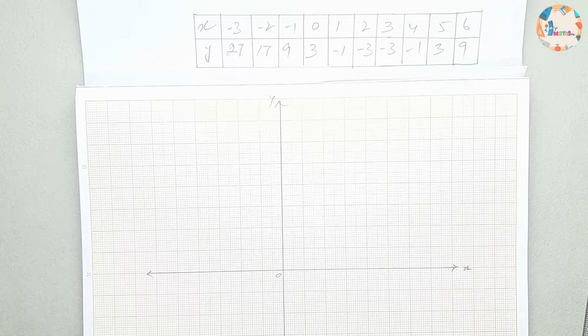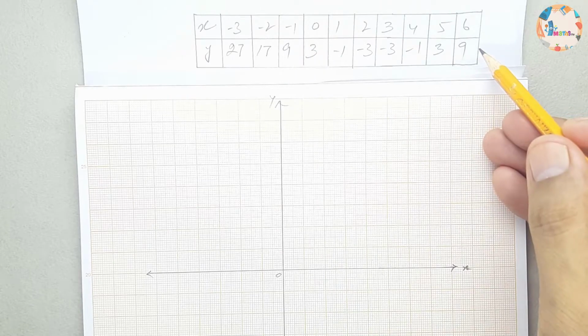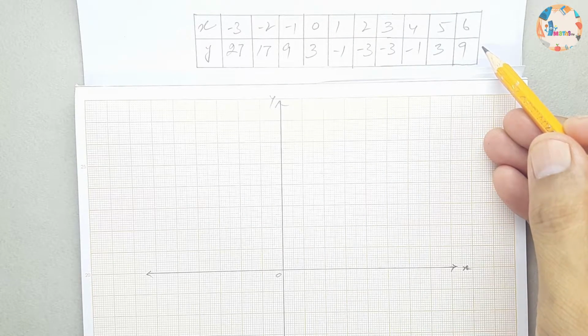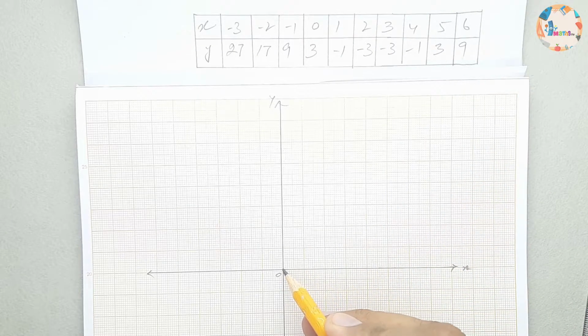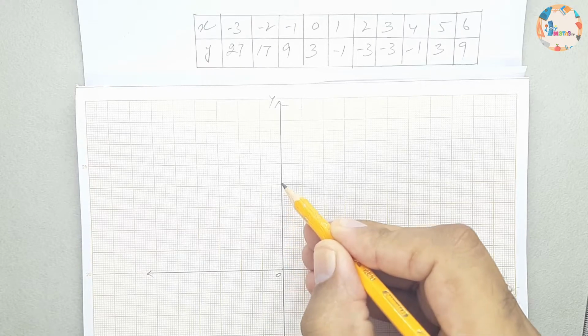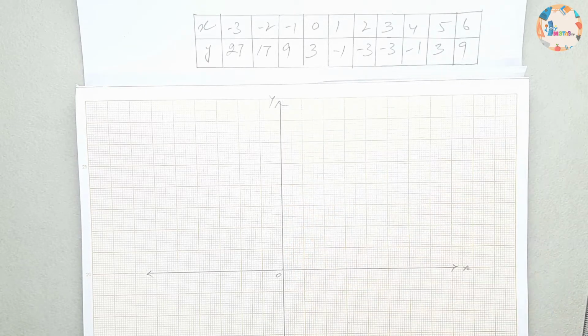Now for y, the value goes up to 9, so 1, 2, 3, 4, 5, 6, 7, 8.